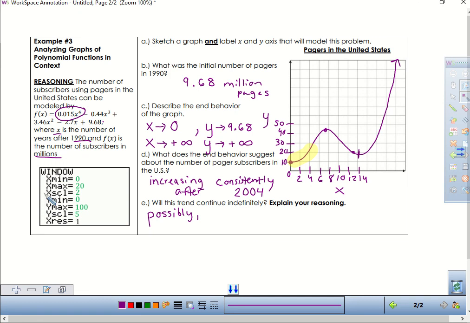So theoretically, yes, but we don't know for sure.